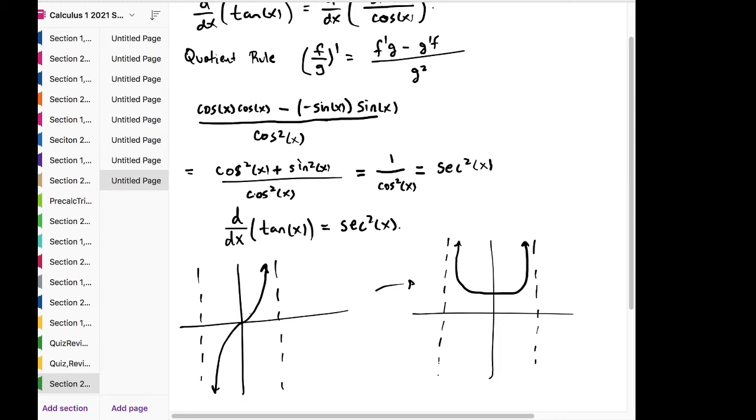It's always positive because it's squared, and this actually kind of looks like secant as well. Any questions on using the quotient rule like that?